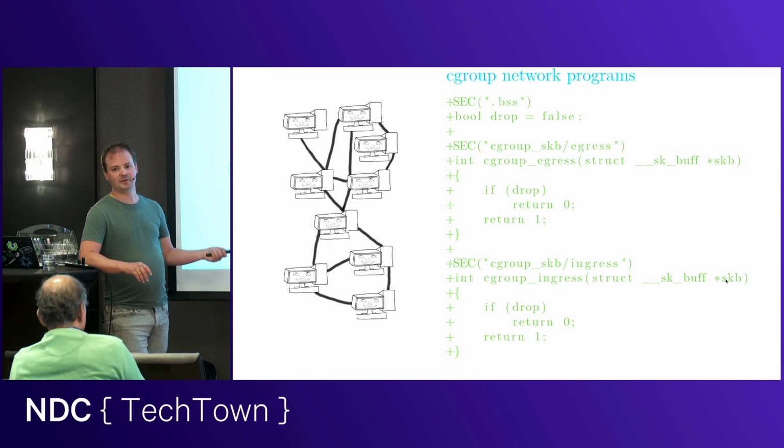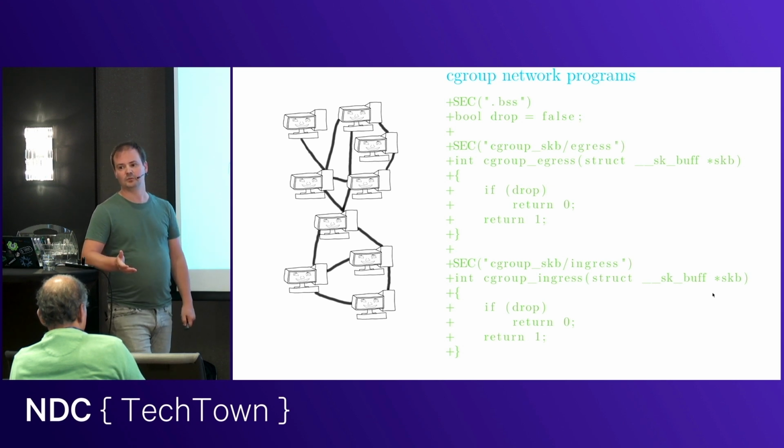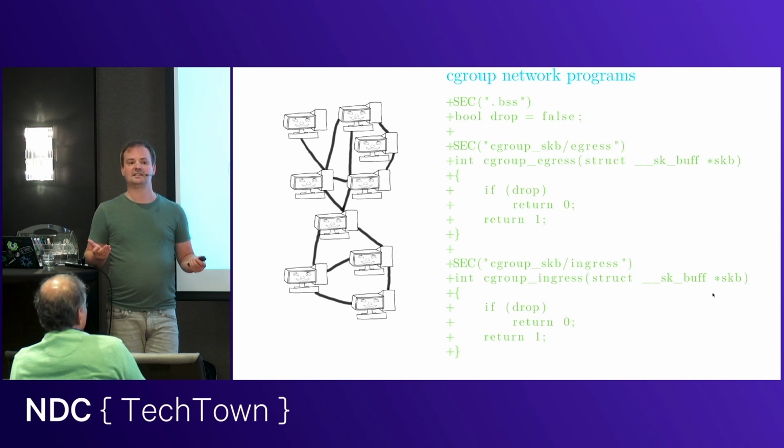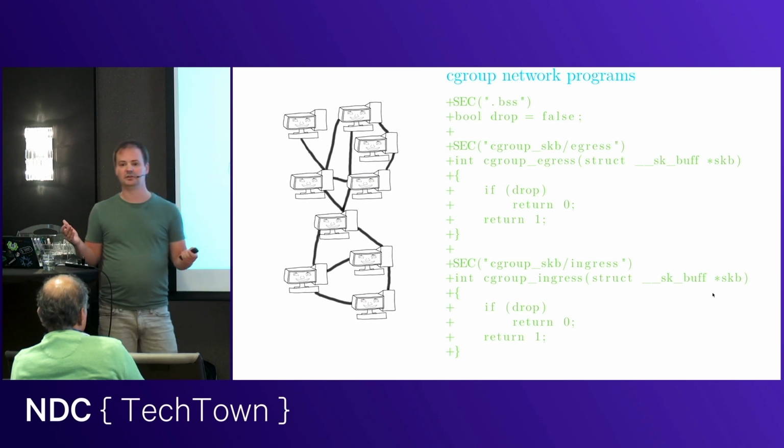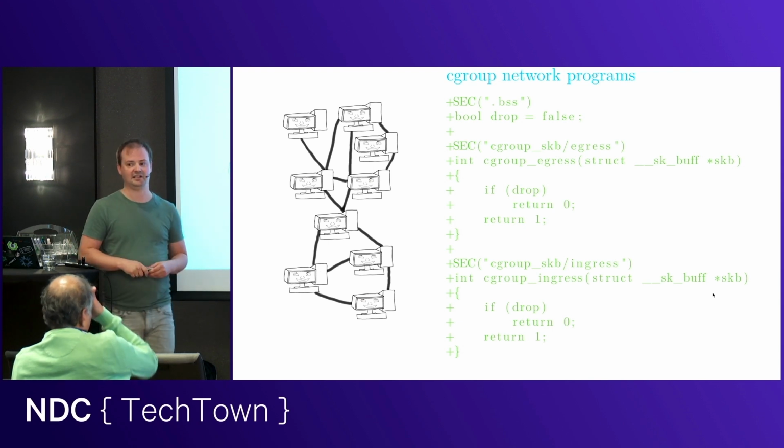Some of the fields in this SK buff might not be available for you depending on what hook you're using, and they might be read-only. You might be able to write to them. It all depends on what hook you're using. So if you have a use case that you want to solve, you need to figure out what's readable, what's writable, what's not even available, and then make a decision based on that for where in the networking stack you are actually attaching.